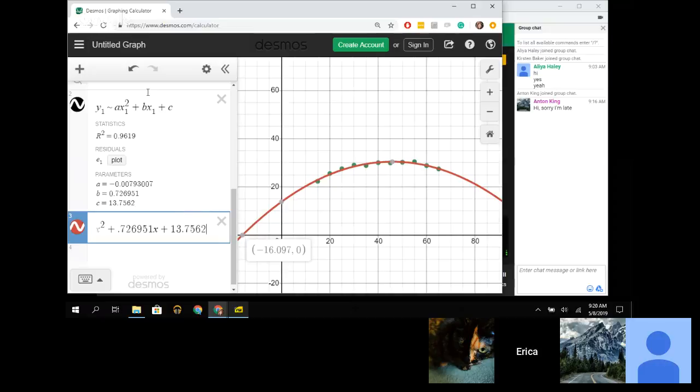So can you see how I took what Desmos calculated for me, and then I can just write it as an equation, and it's the same equation.